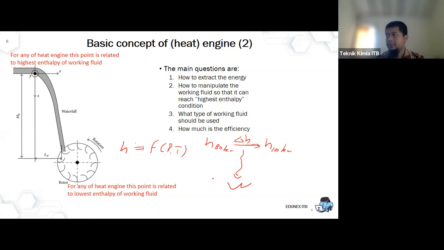And how to reach this one? Many things must be done. It can be heated, can be mixed with fuel, then combusted, something like that. And the third question is, what type of working fluid should be used?